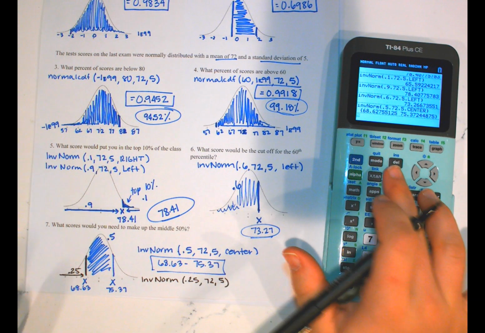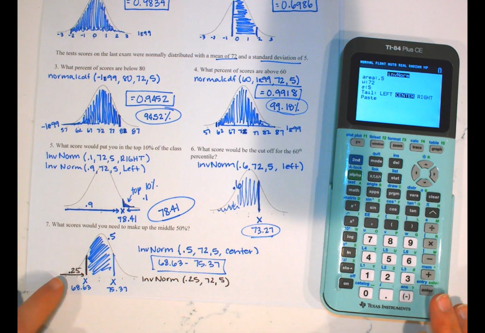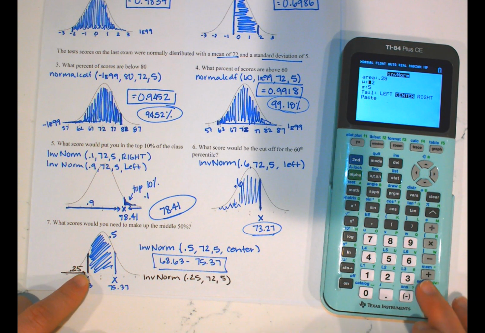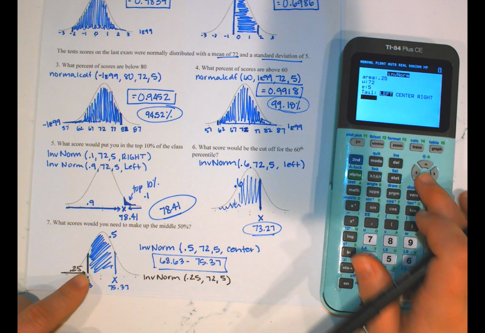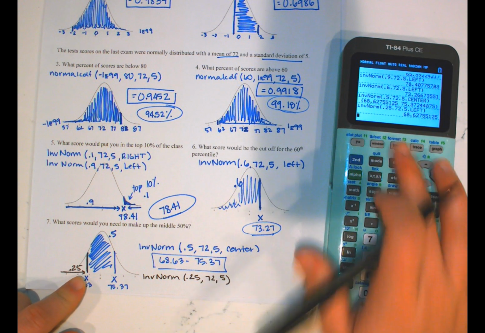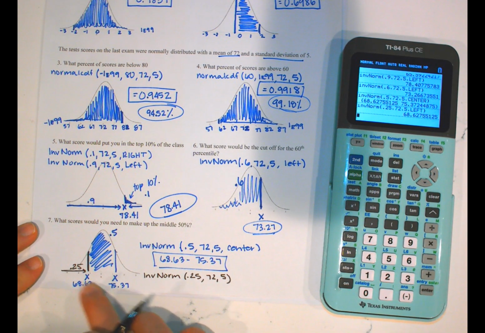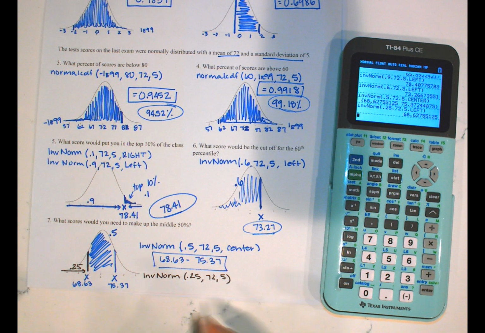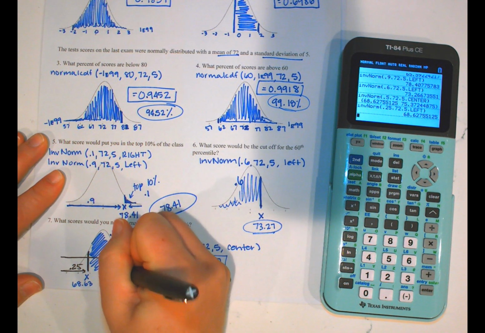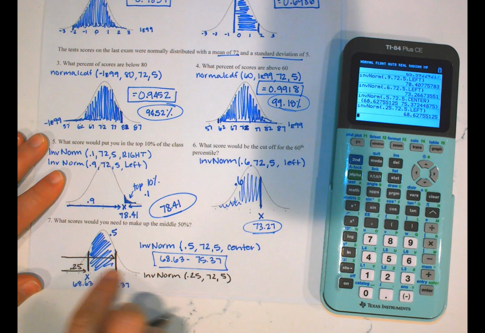So when I do that, I'm coming 25% this way, or 0.25. All of this stays the same. It's coming from the left because that's all your calculator does. And there it gives me that value that we already found there. That's 68.63.